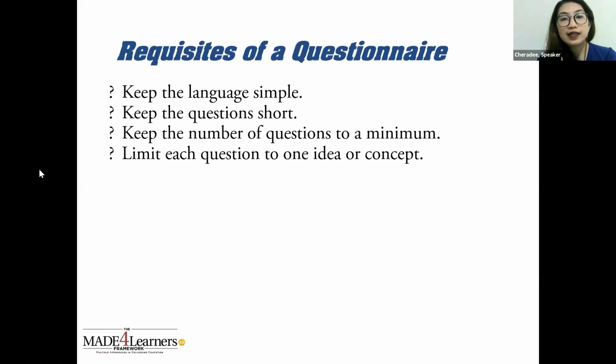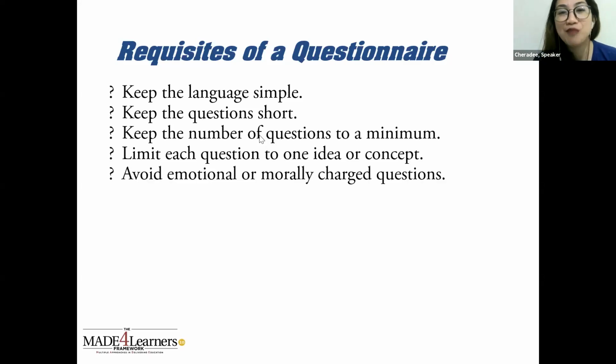Okay? Next, avoid emotional or morally charged questions. So it's really unethical to include questions that are challenging the morals or emotions of the respondents, especially if you're a funeral service, for example, the type of business, or let's say you want to get information from depressed patients, no, or those with mental health conditions.